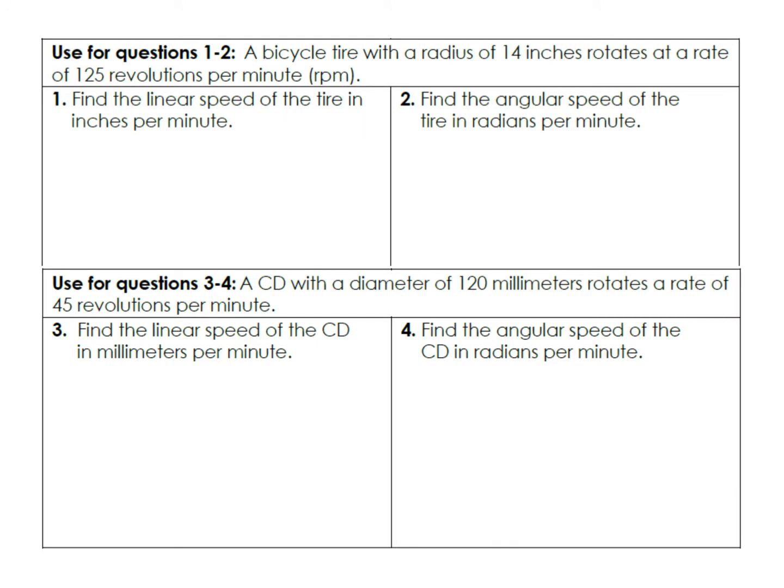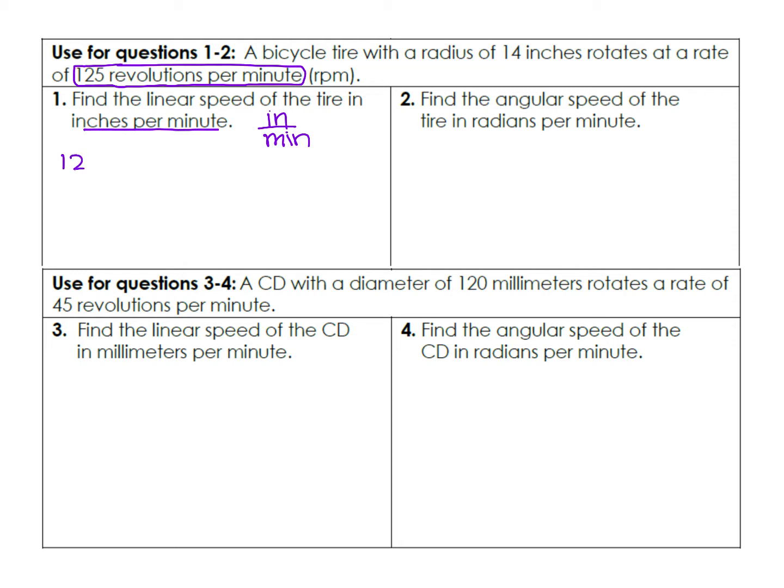So if we look at the examples in questions 1 through 4, number 1 and number 3 ask us to find the linear speed. So the key thing is identifying where we want to end up. I want to end up in inches per minute. So my distance is in the numerator and my time is in the denominator. It gives me 125 revolutions per minute to start.